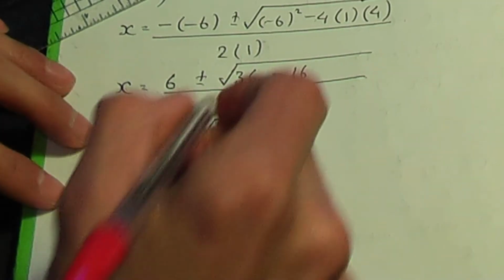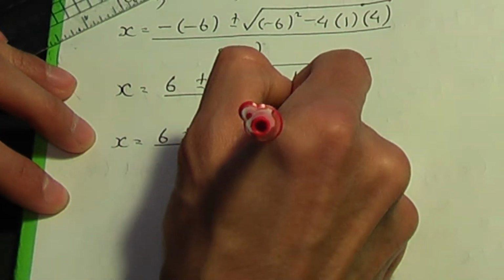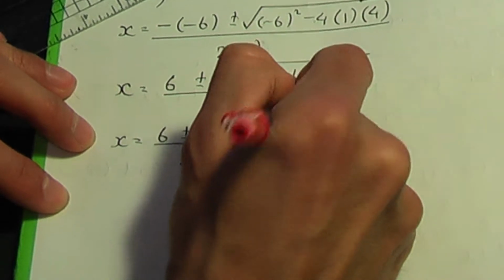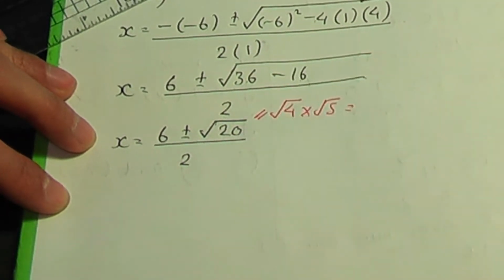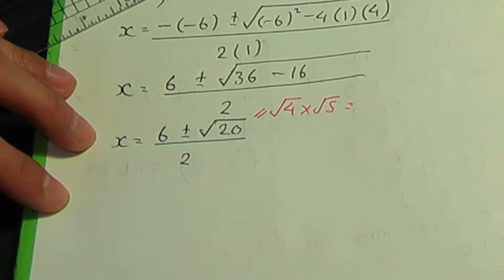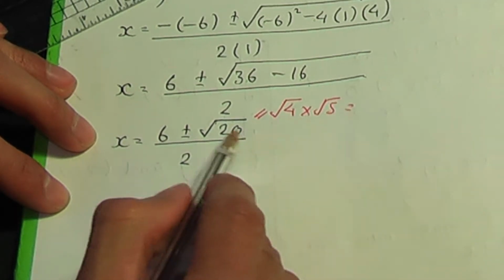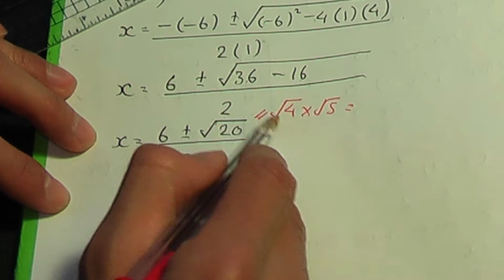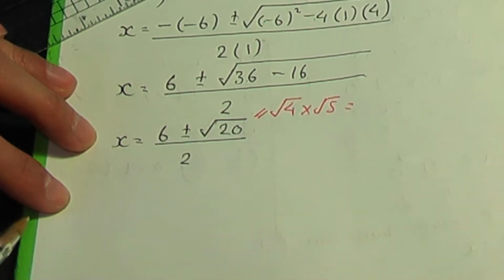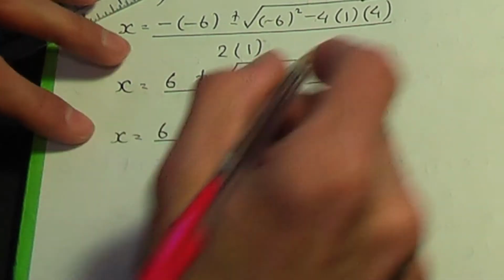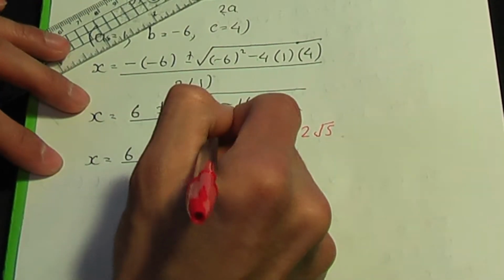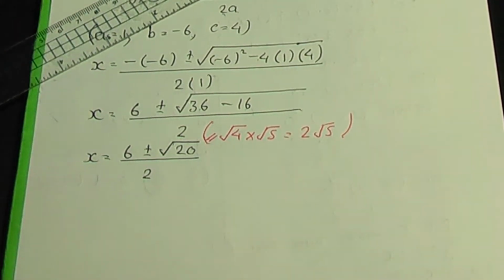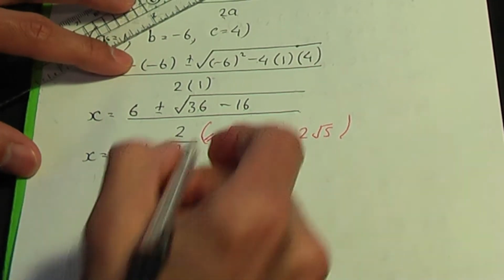So root 20, so that is the same as root 4 times root 5, using the fact that 4 times 5 gives us 20, and one of the roots gives us a whole number of 2. So in this case we're going to get 2 root 5. So that's what you should have for root 20 being simplified.